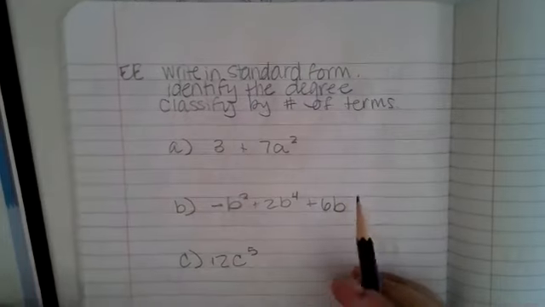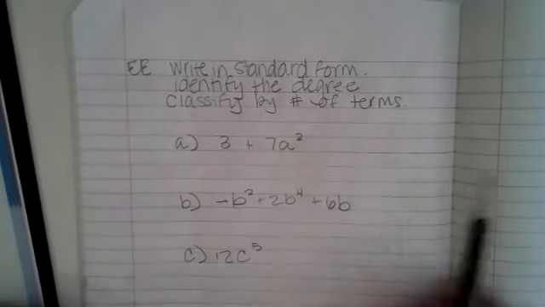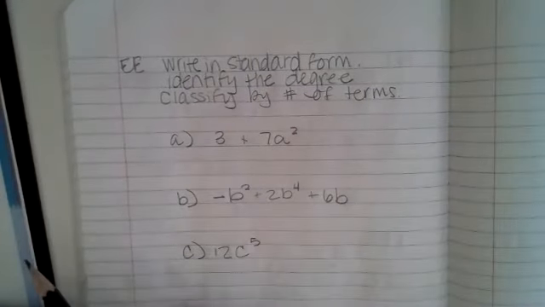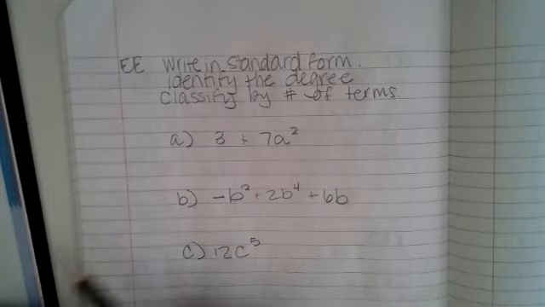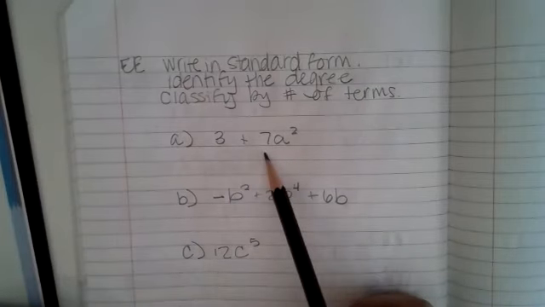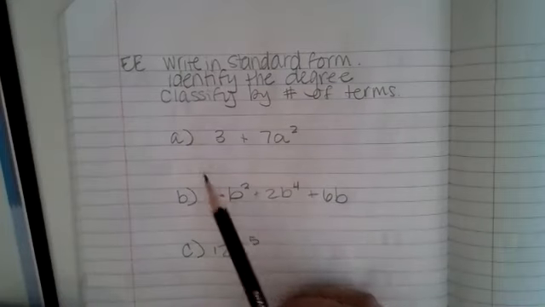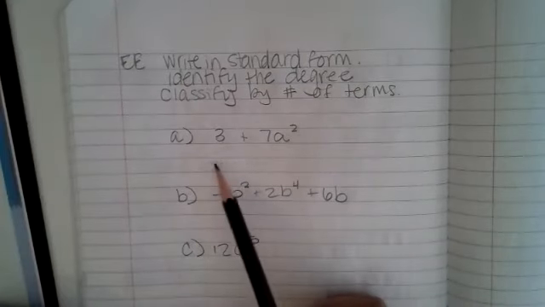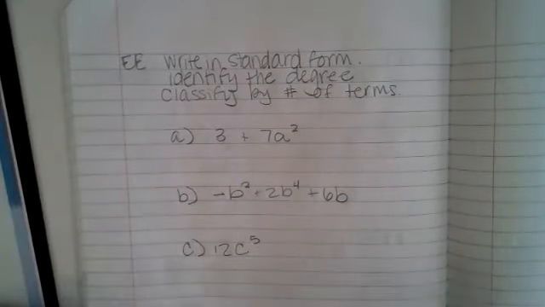So we're going to go ahead and look at this first one to write. Misha, is it negative b squared plus 2b to the power 4 plus 6b? Yeah. Okay, thank you. So starting on this first one, we're starting with our variables and exponents first, decreasing.